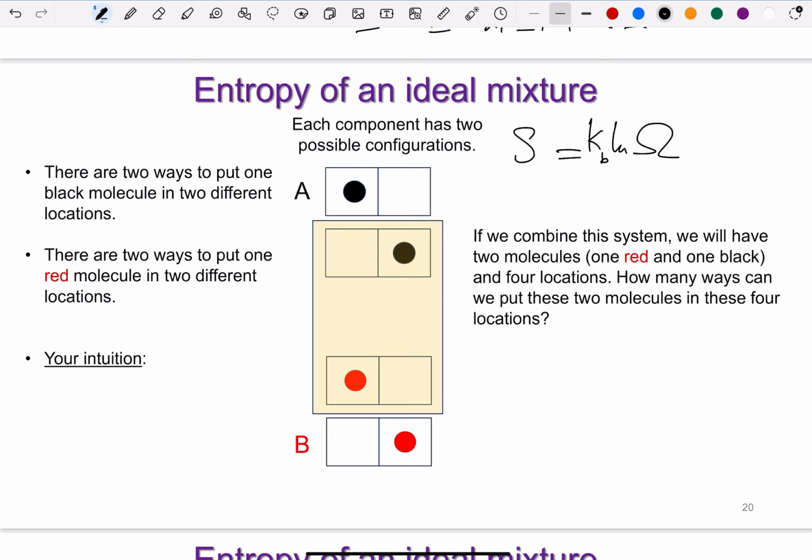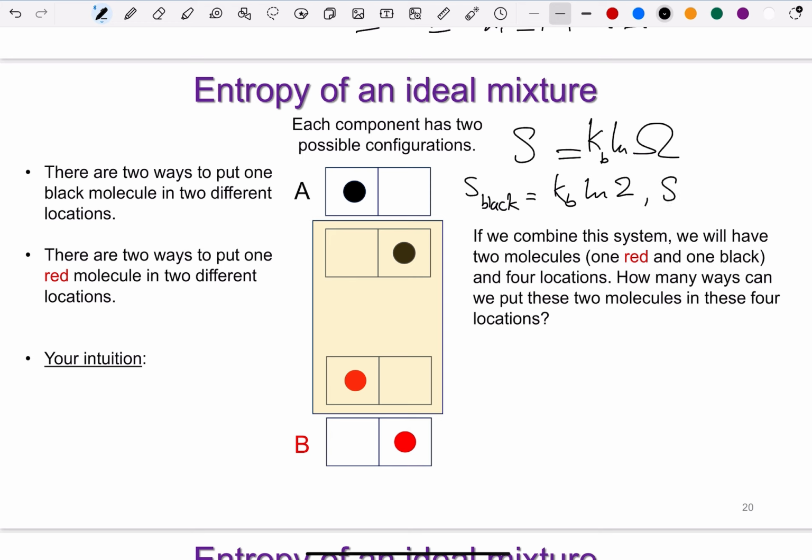So I have system A. What is the entropy of that system? I will write it as S black. This is just pure, I haven't mixed them. So they are separate. So it's just going to be Kb ln, how many ways can I arrange it? That's black, 2, right? ln 2.